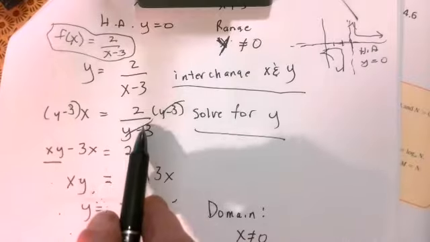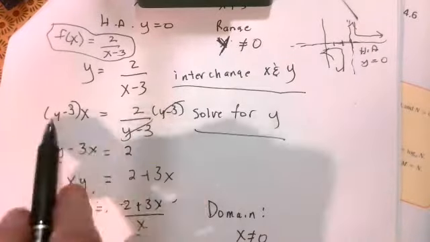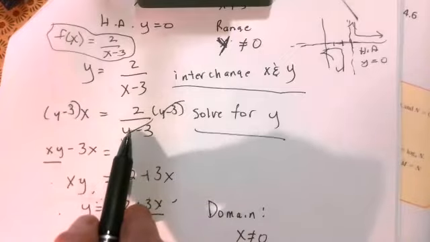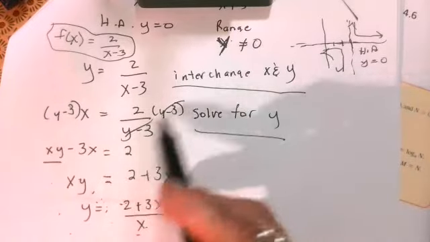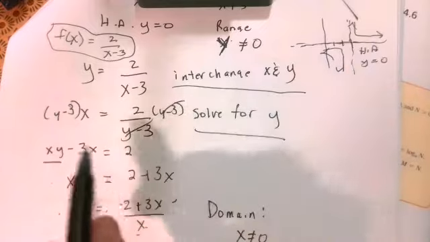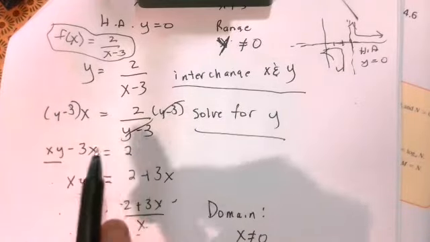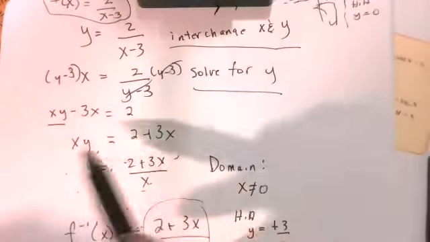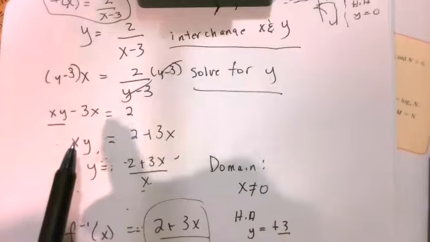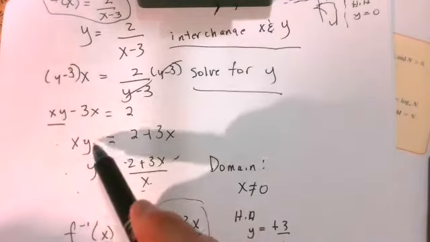We interchanged x and y. Y is in the denominator. The way you do it is multiply both sides by the denominator, and it'll cancel here so that you get the y out of the denominator. But then over here, you've got to distribute. And then, well, if you had 2 terms that had y, you'd get them both on the same side, but I only have this 1 term.